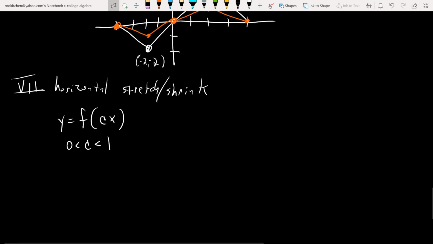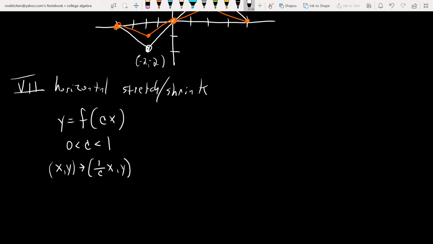Okay. And in particular, it's going to change the x coordinate. So if you started with x comma y, it's going to change x by a factor of 1 over c, okay, in this case. So this will end up being 1 over c times x comma y. Okay.